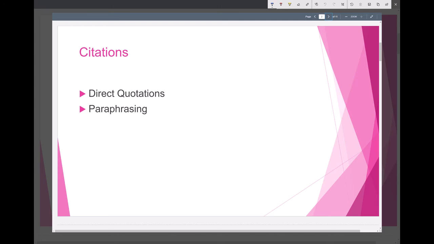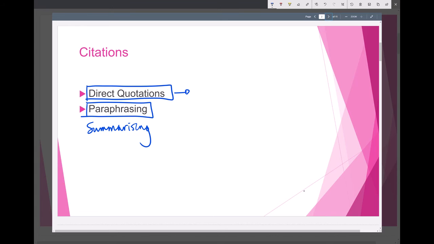So there are two main types of citations that you give. Although we did talk about the third one, summarizing. So if you remember, direct quotes are the author's idea and they are written in the author's words. Next, paraphrasing and summarizing.